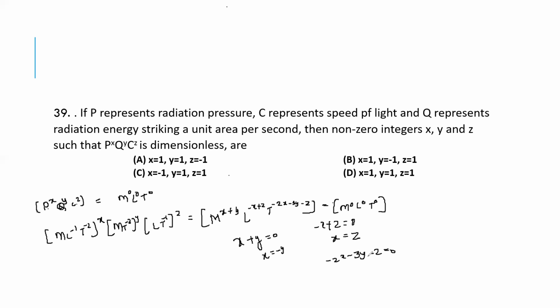If I substitute x and y from equation 1 and equation 2 into equation 3, after simplification we will get x is equal to 1, y is equal to minus 1, and z is equal to plus 1. Looking at the given options, option B is the right option.